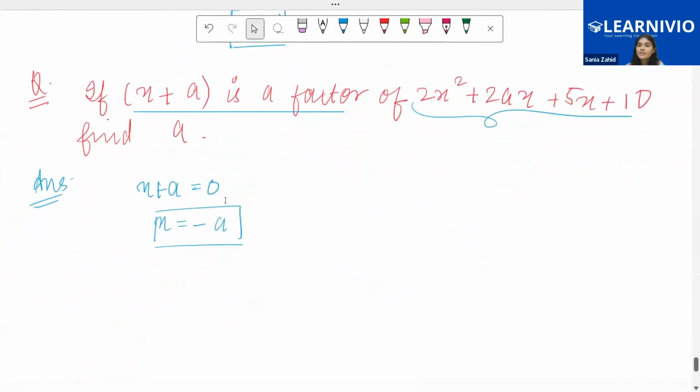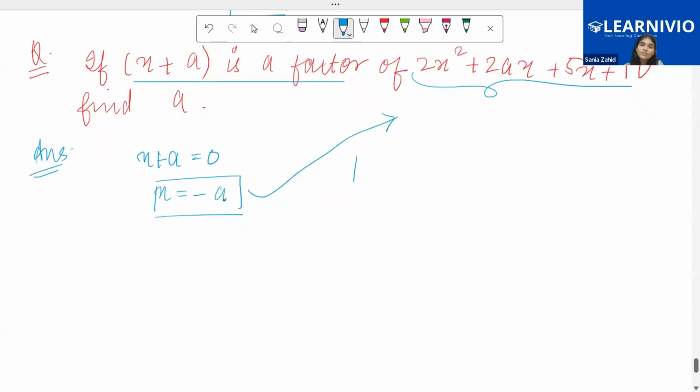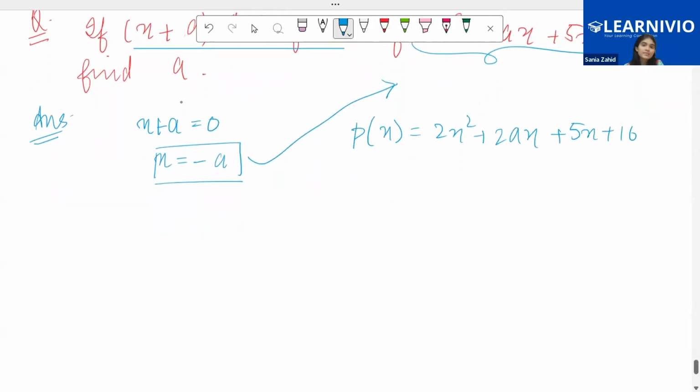So x plus a is 0, so the value for x will be minus a, right? Now you put this value of x in this polynomial. So you have p of x is 2x squared plus 2ax plus 5x plus 10. Now put the value for x, the value for x is minus a.